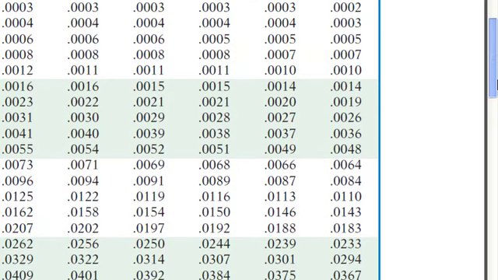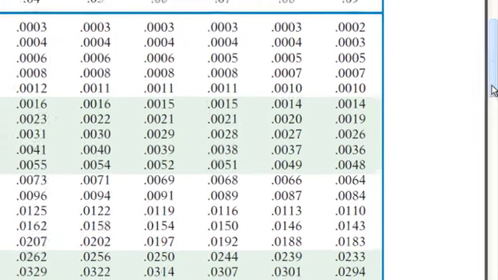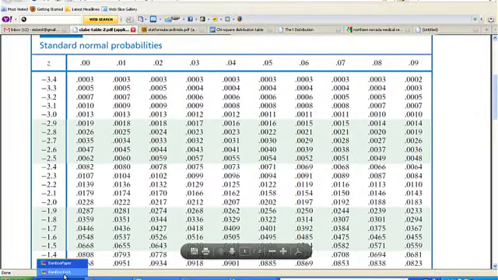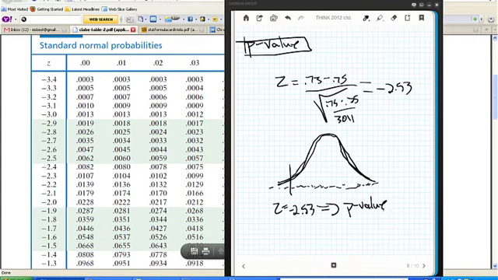Let me double check. I'm getting a little punchy. All right, so back here, that implies that the probability of getting a value at least as extreme, in other words, of ending up out in this crazy land, is 0.0057. That's a very small amount.